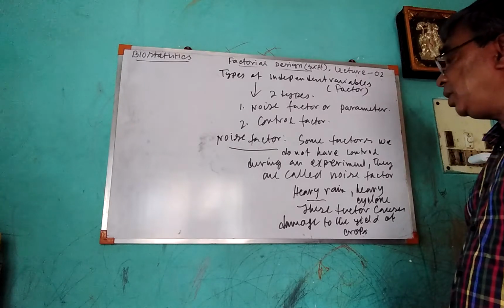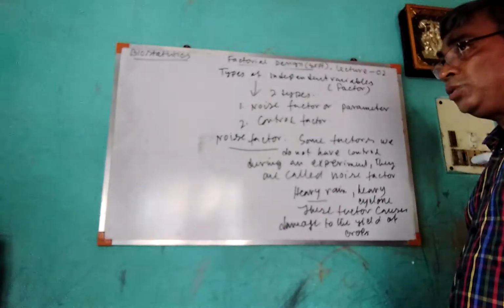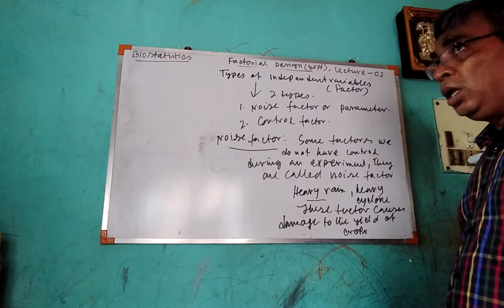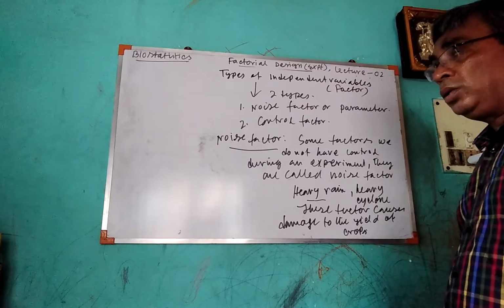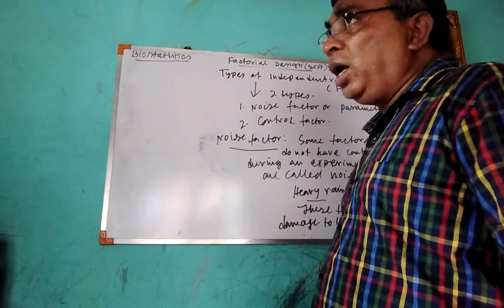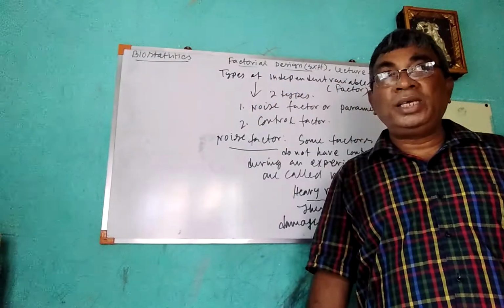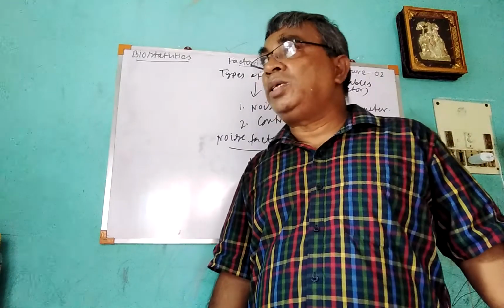Experimentally, suppose that is a plot. We are applying suppose 1 kg seeds and 2 kg fertilizer, then we are expecting suppose 20 kg of yield.